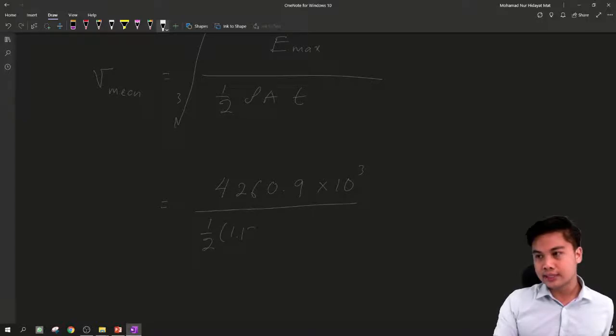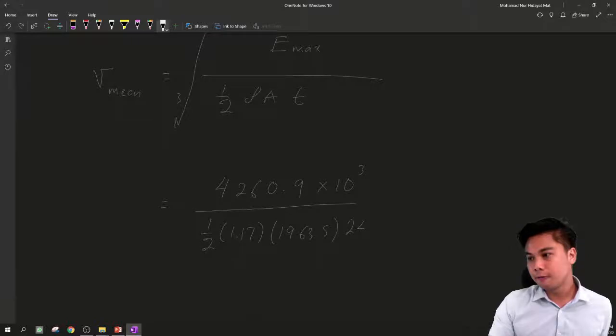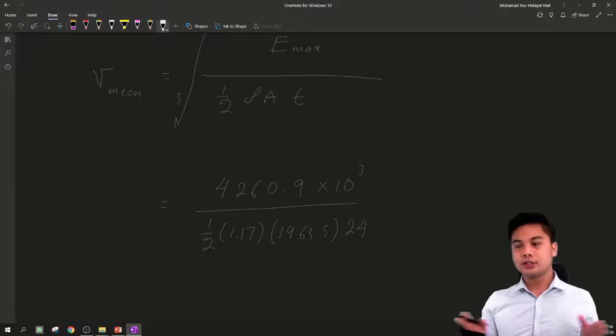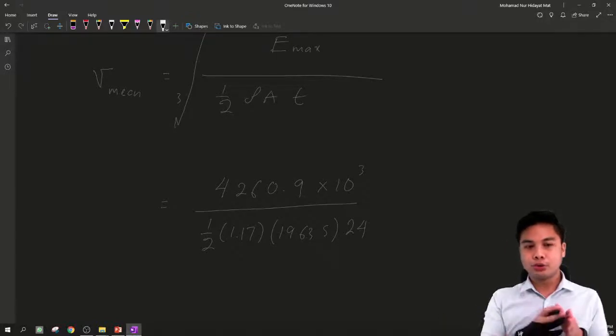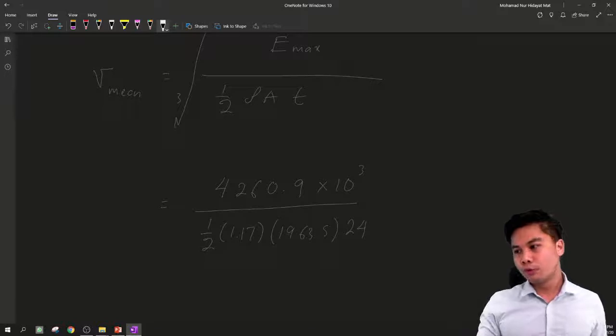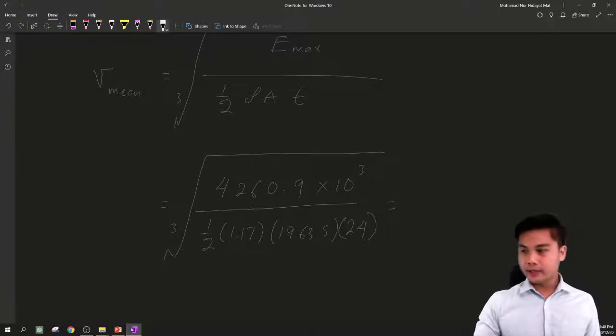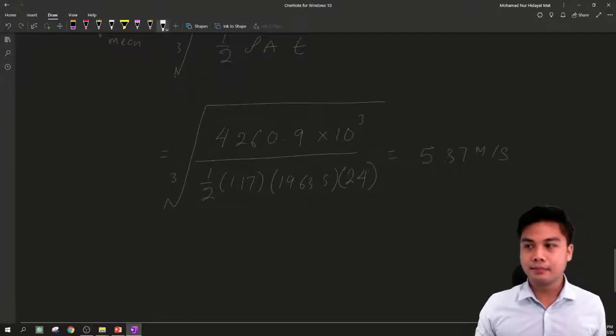Rho is 1.17. Area previously is 1963.5 and time here is 24 hours because we need to find the mean, alright, the average. The average from 0 to 24 hours. So we do over 24. And then don't forget to do the square root of 3. So finally you will get 5.37 meter per second. That is the V mean.